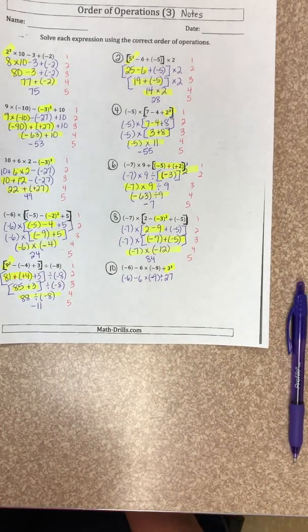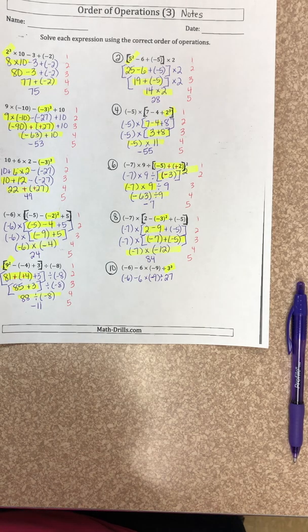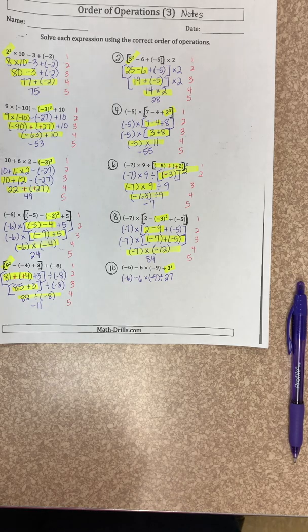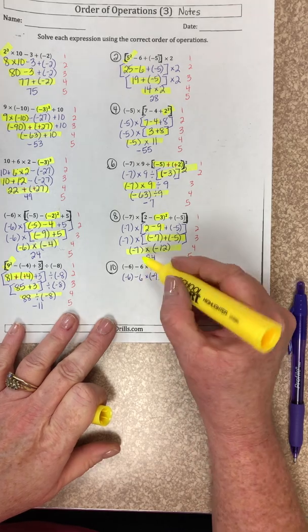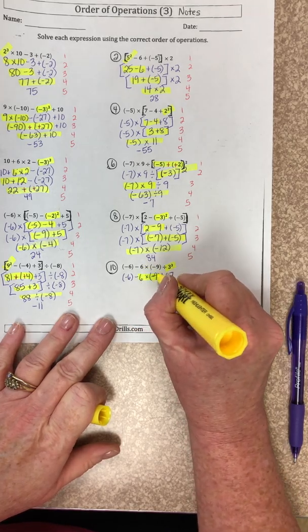Next thing I need to look for, I don't have grouping symbols. I don't have any more exponents or roots. Step 3, I'm looking for multiplication or division. Well, notice I see both multiplication and division, but I have to work left to right, which means I have to do the 6 times negative 9.